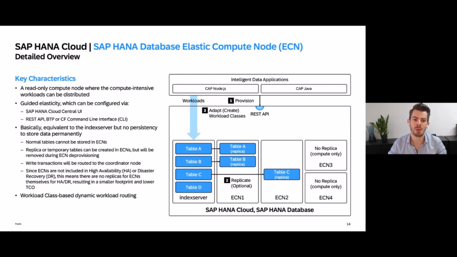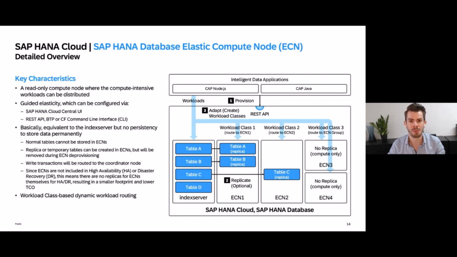And then later on, once you have adapted the workload classes with giving a certain routing information, naming like which Elastic Compute Node would be used for a workload class, the workload, once it's coming in and once it is mapped to the workload class, will then be routed to the Elastic Compute Node and will be performed specifically on that Elastic Compute Node. So we're taking offload from the primary system, which would in the past have handled such workloads coming in.